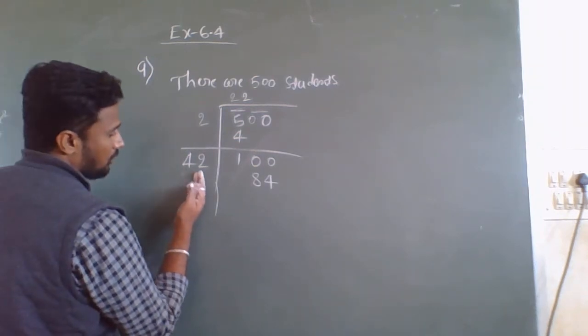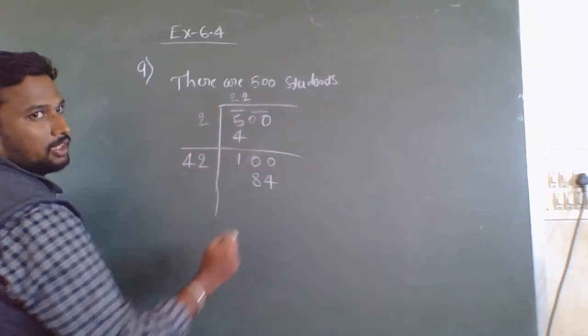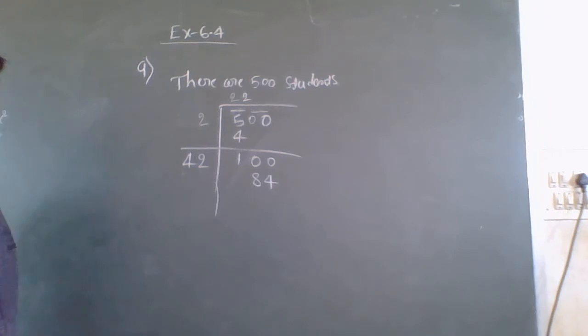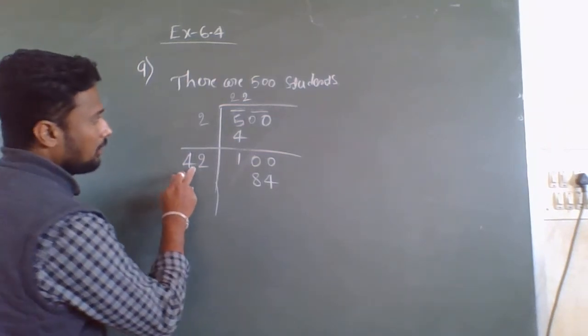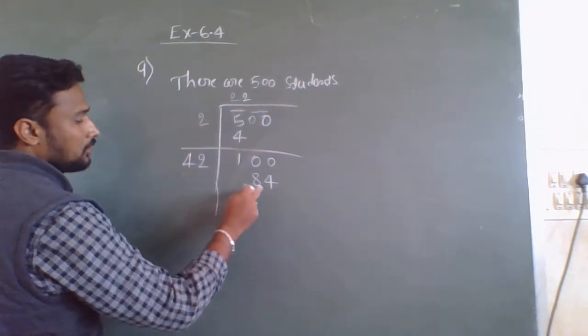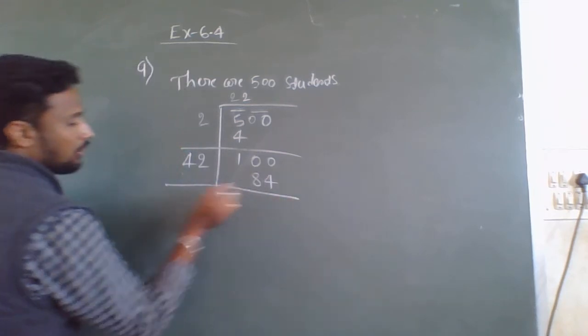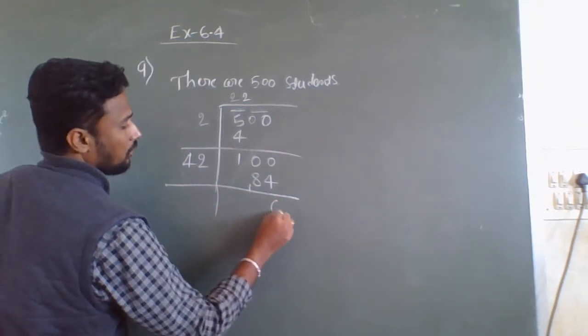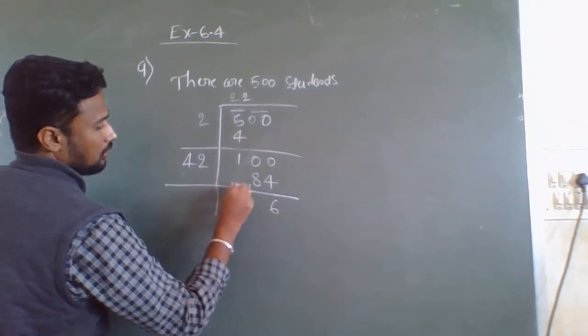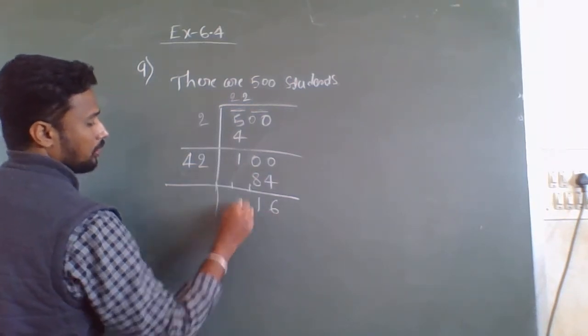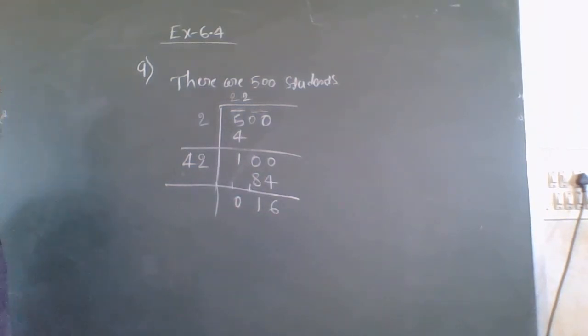Suppose if I write 3, 43 into 3 is greater than 100. So here I consider directly 42 into 2, which equals 84. So 100 minus 84, what will you get? 10 minus 4 is 6, 10 minus 9 is 1, 1 minus 1 is 0. So 16 is remaining here.